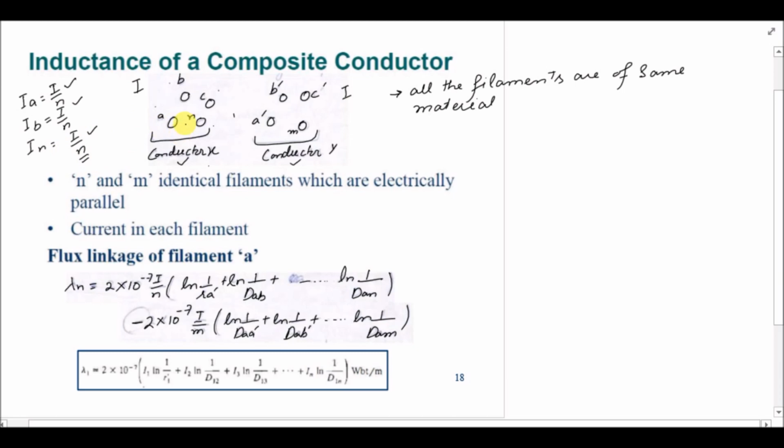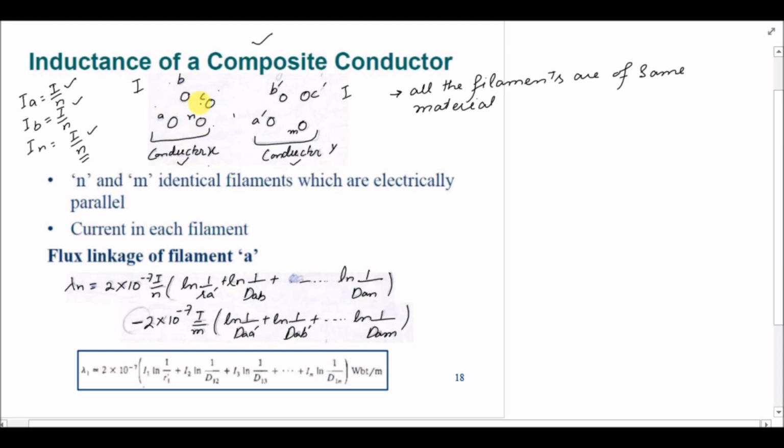The assumption we made is that all the filaments in a particular conductor are of the same material, so they will have the same current flowing through them, and as per the definition of composite conductor, all these filaments will be in parallel to each other.